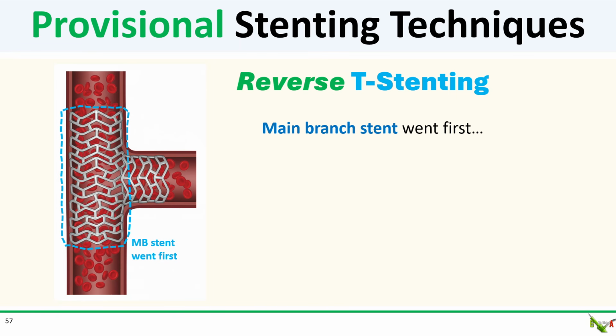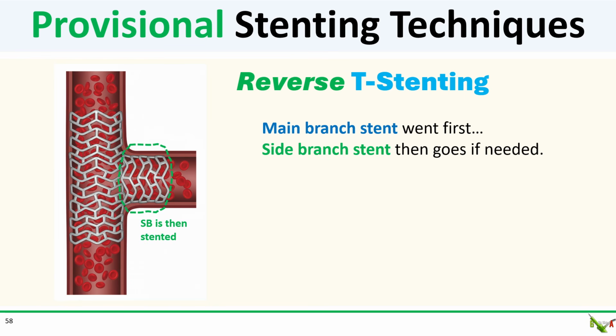Well, as it turns out, the techniques are basically the same as the non-provisional stenting techniques, but just done in reverse. There is reverse T-stenting. So in provisional stenting, that main branch stent went in first, and then the side branch stent goes in second if needed.